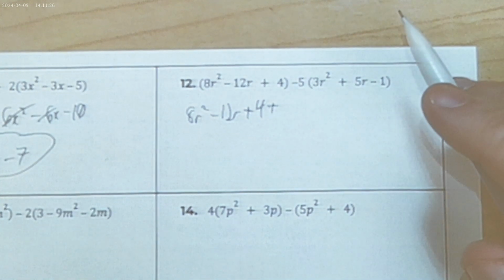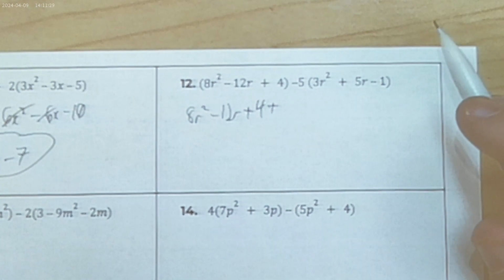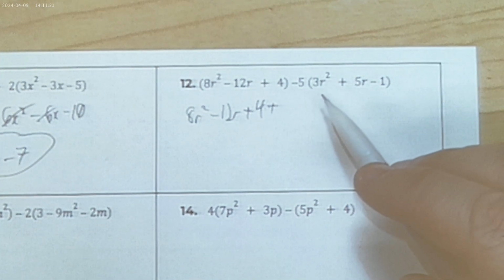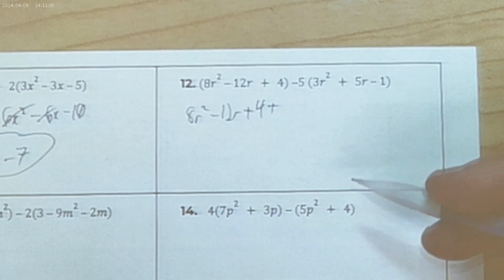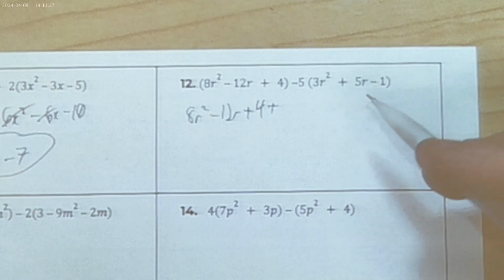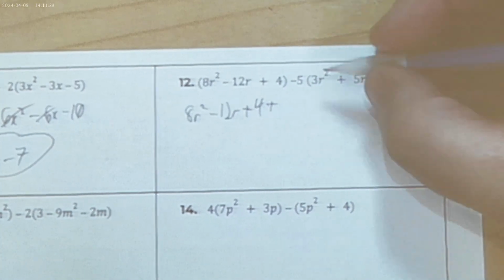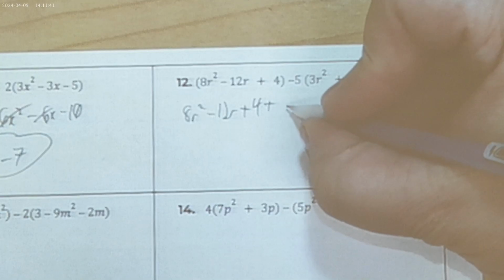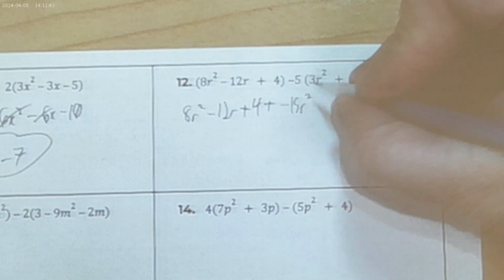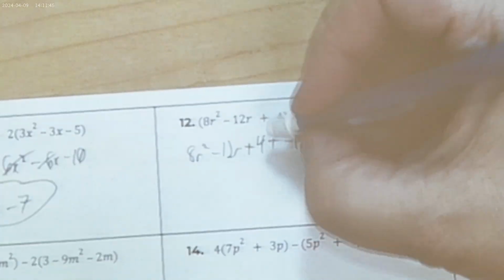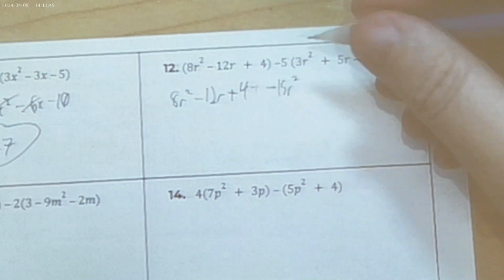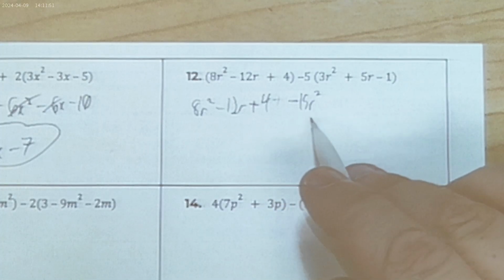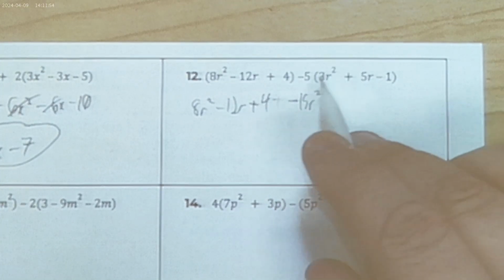By multiplying everything by negative 5, whatever the sign becomes, I don't have to worry about inverting it or flipping it. So in this case, it's going to be minus 15r squared. And so if I'm adding a negative, it's going to be minus 15r squared.